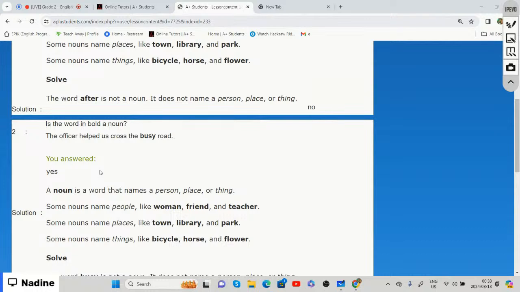So if we look at the word busy, right? The officer helped us cross the busy road. So busy is being identified as a noun. So nope, busy is not a noun, right?